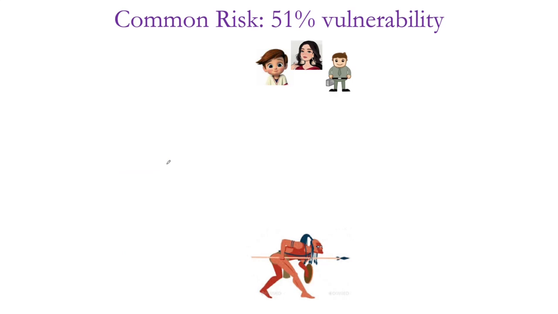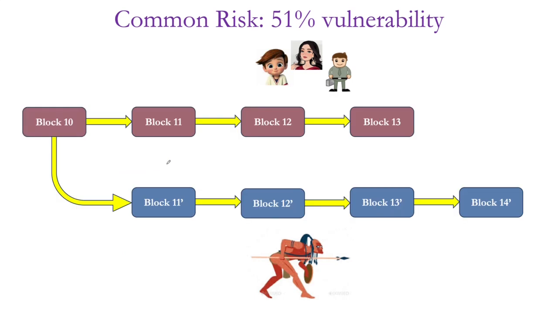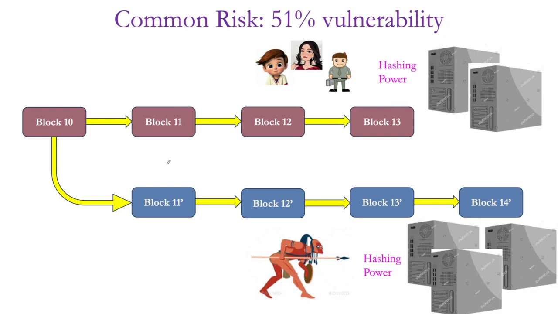More precisely, in proof of work based blockchains, suppose a single miner is hashing the blocks by collecting the transactions from various users in the network, and if a single miner's hashing power accounts for more than 50% of the total hashing power of the entire blockchain, then the 51% attack may be launched.